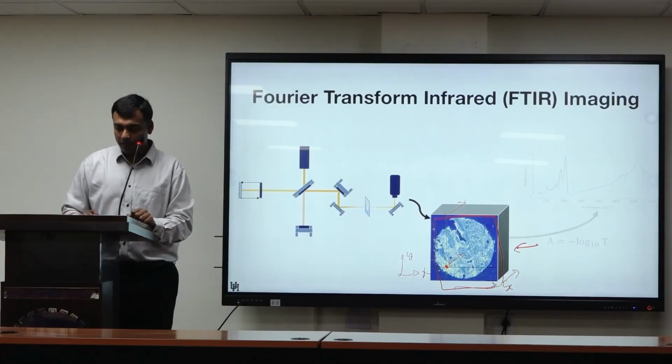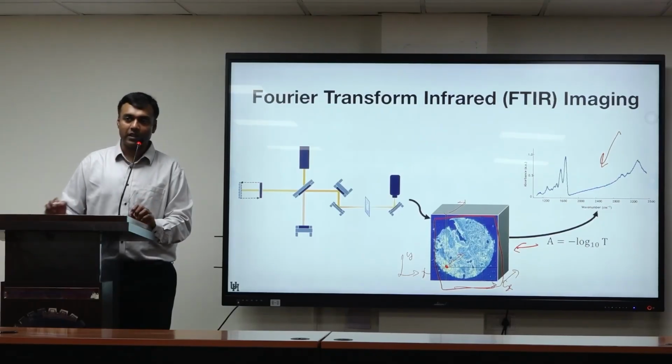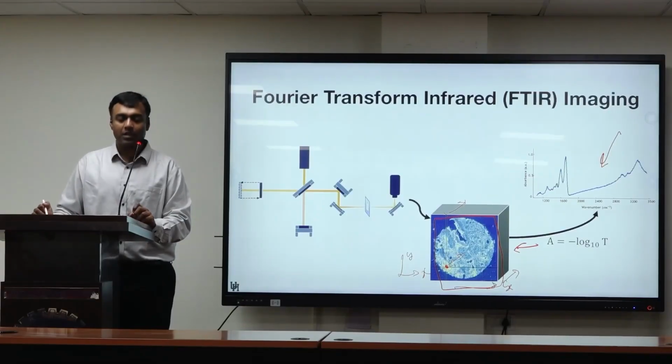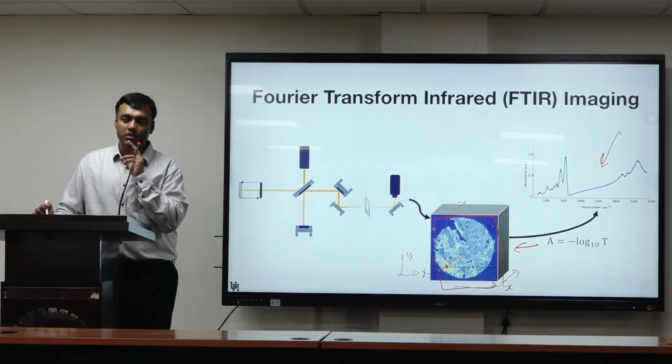Okay. And at every pixel, you collect the spectrum, the tissue spectrum that I showed you. The basic goal of this approach is that at every pixel, you can have an estimate of the chemical composition. So one pixel, chemical composition, another pixel, chemical composition.